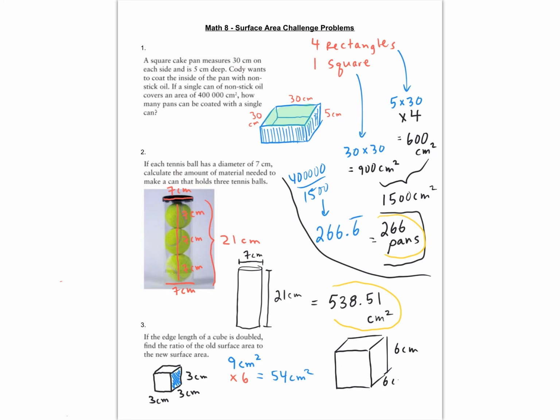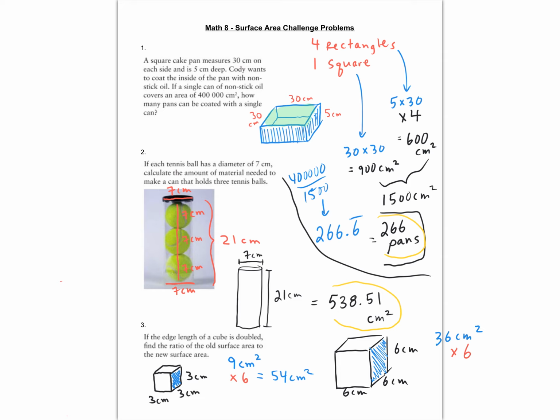And we got that because the question told us so. So what's the area of this side going to be? It's a square, so the horizontal times the vertical gives us 36 centimeters squared. And just like any other cube, there are 6 of them.